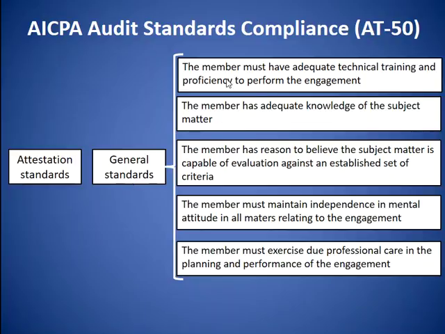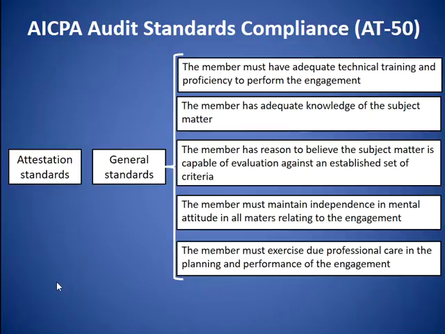The first standard is the member must have adequate technical training and proficiency to perform an engagement. In other words, typically, under that type of standard, the person who's in charge of performing the audit is going to have the educational qualifications, is going to be a certified public accountant, may even have other types of certification.